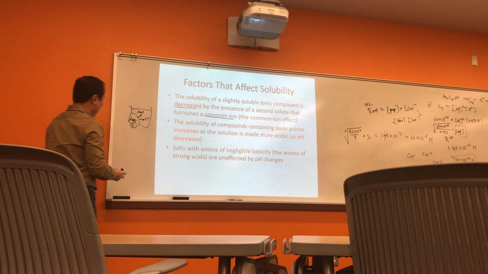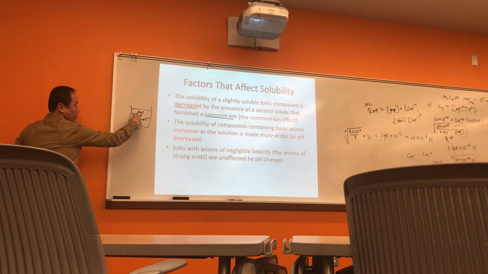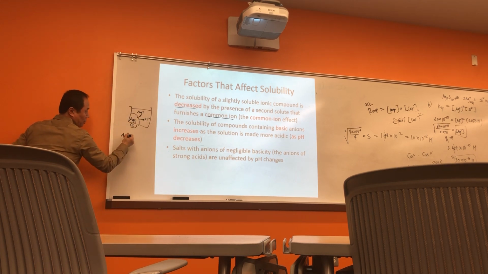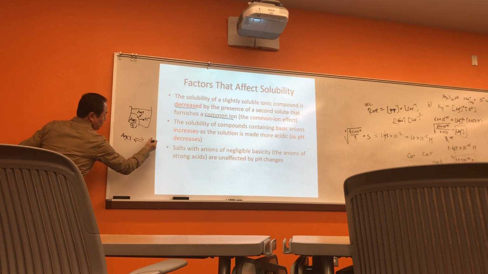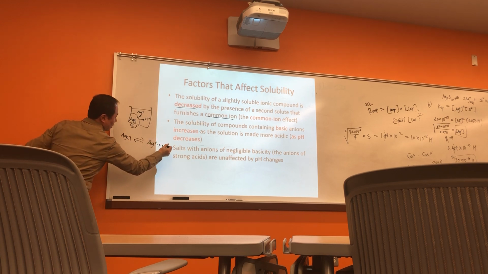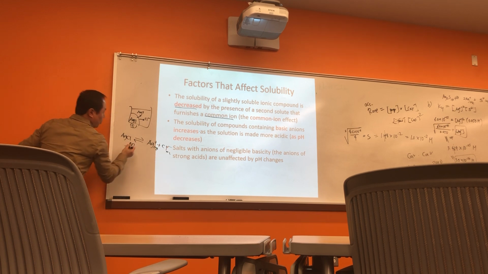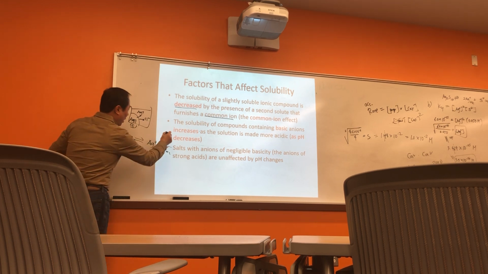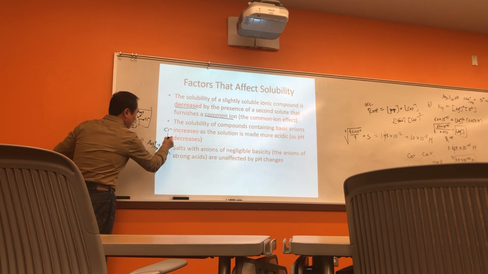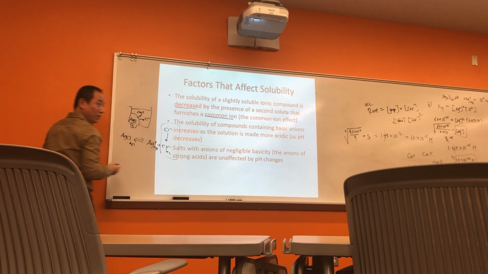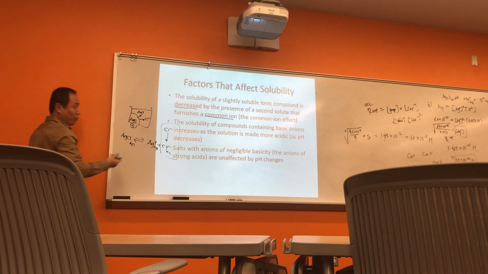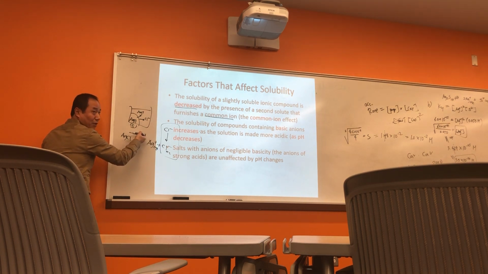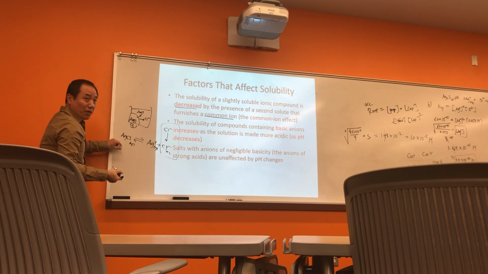For example, this is dissociated as silver and chloride, so there will be an equilibrium between the solid phase and the aqueous phase. Because it's an equilibrium, if we put in a common ion, extra chloride here, increasing this, then the equilibrium will shift to the left. That's the common ion effect. That means this will be less soluble.